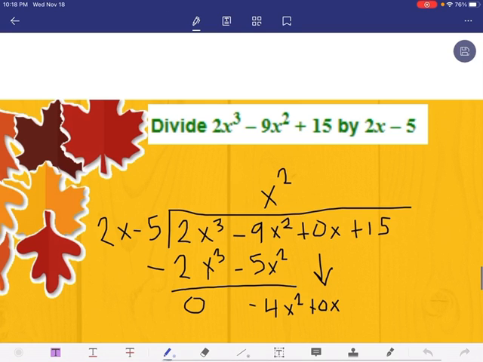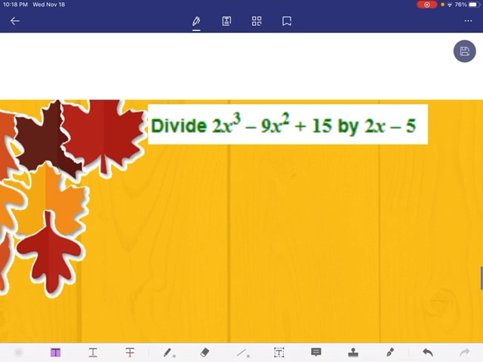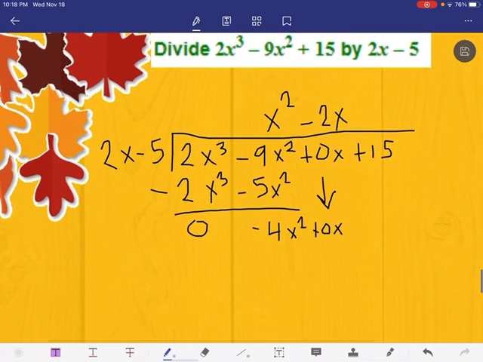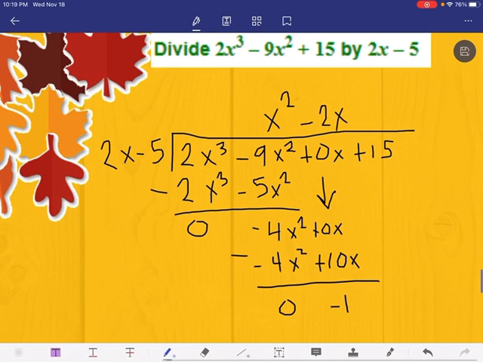Then I need to multiply by negative 2x. So I have negative 4x squared. And then a positive 10x. Again, subtracting as I go down. I get negative 10x. Bringing down that 15, which gives us a negative 5.